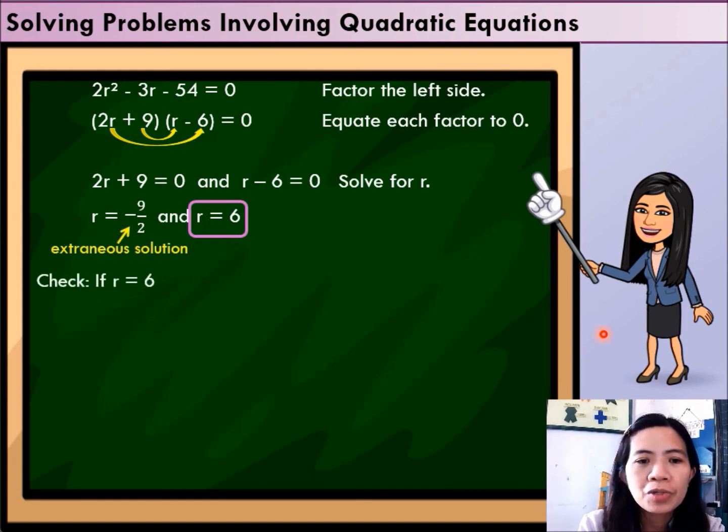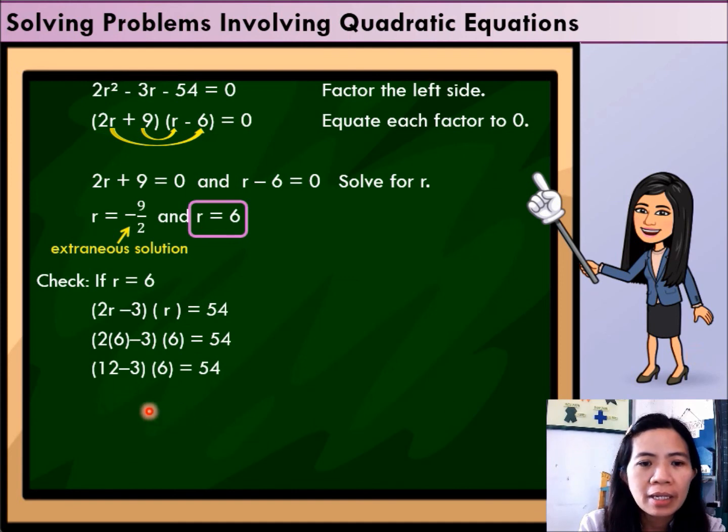Now we are going to check if r equals 6 satisfies our equation. We take our original equation and substitute the value of r, which is 6. Simplify. 2 times 6 is 12. 12 minus 3 is equal to 9. 9 times 6 equals 54.